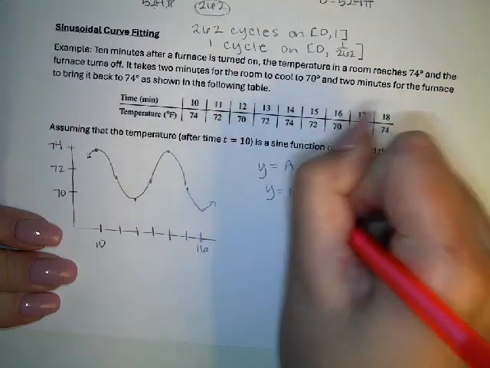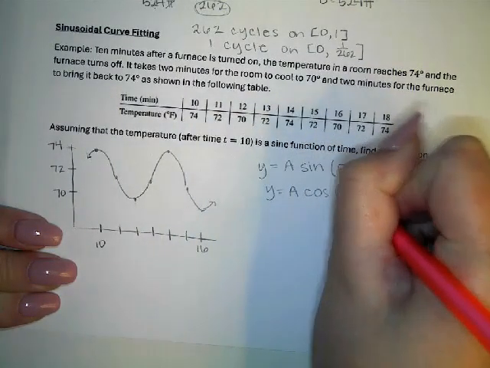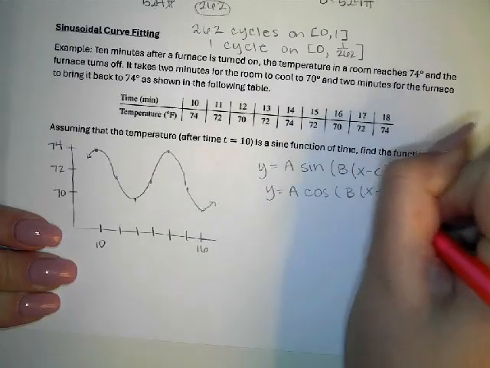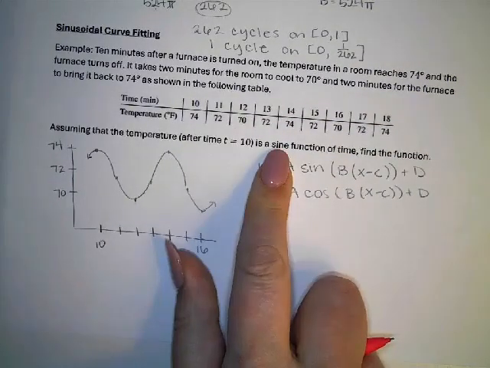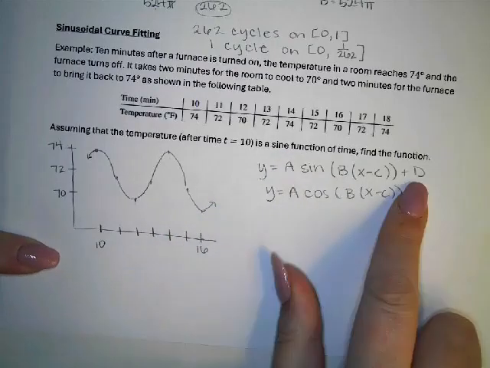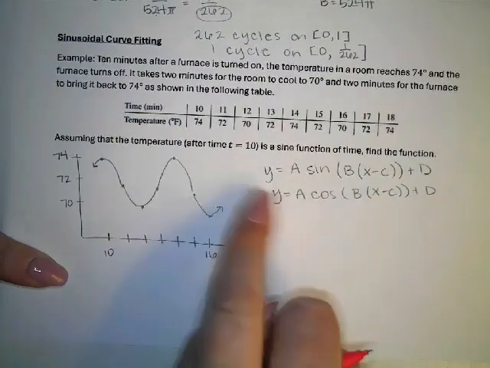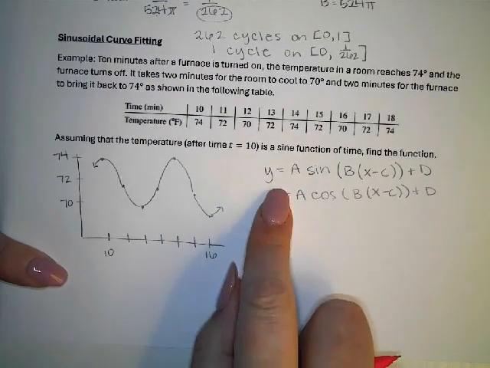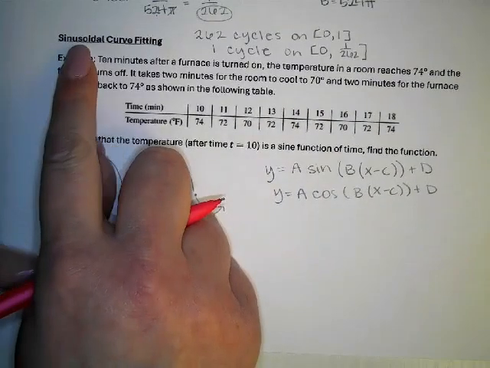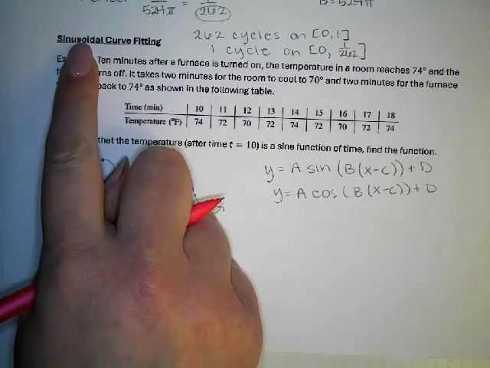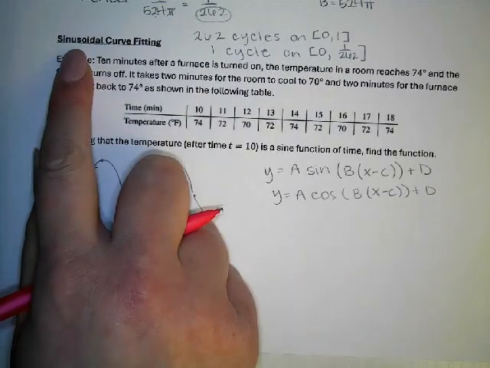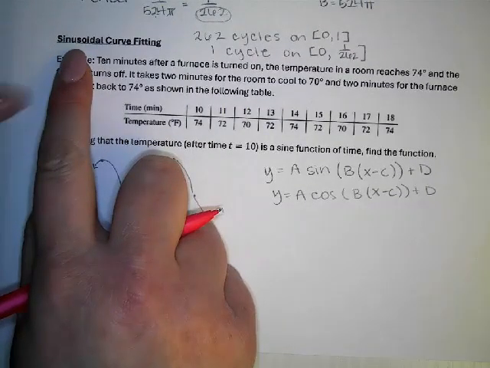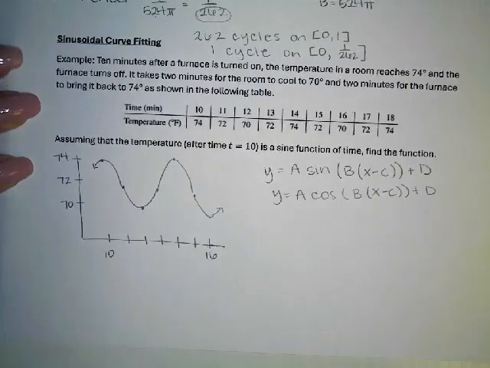So they said to write a sine function, so maybe they'll tell you to write sine. Oftentimes they'll let you choose which one. Up here for the title of this section, it says sinusoidal. If they say write a sinusoid, if they use that whole word, they're talking about sine or cosine. So a lot of times when they say sine curve, it's sine or cos, and you could do either. So keep that in mind.